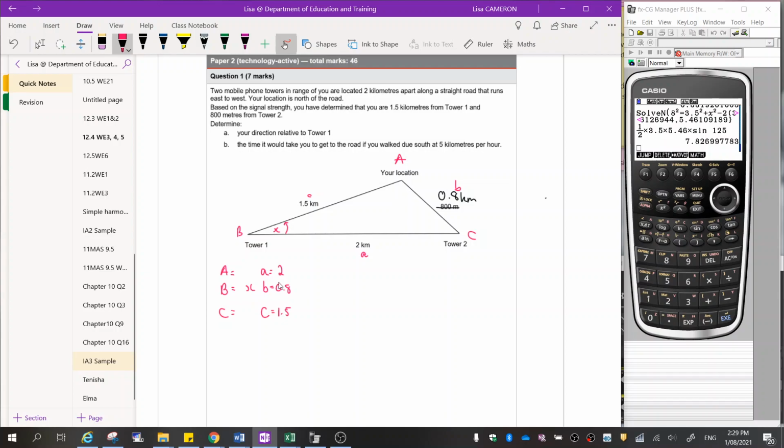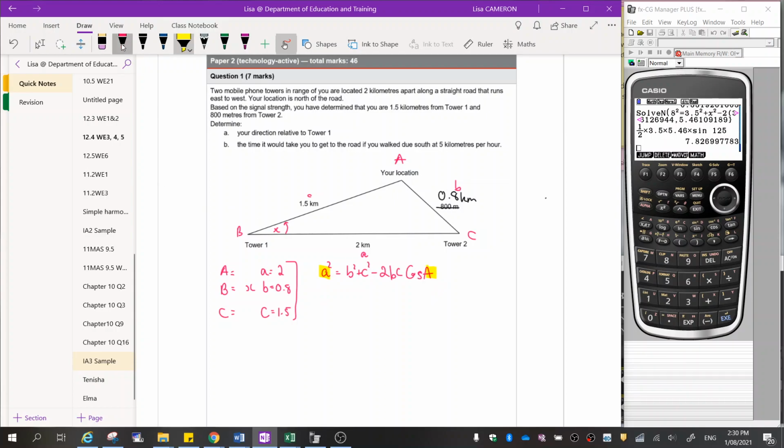So now I'm going to put this straight in my calculator by first selecting the correct formula from the formula sheet. Now I've got these 3 sides and 1 angle, meaning that I'm going to use the cosine rule. Cosine rule is normally a squared is equal to b squared plus c squared minus 2bc cos A. The really important thing here is that this matches with this.